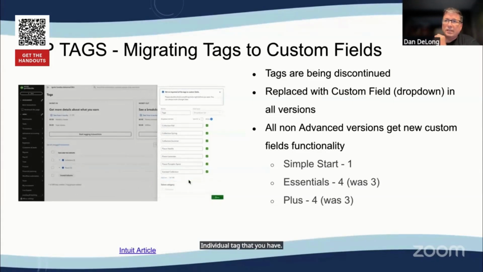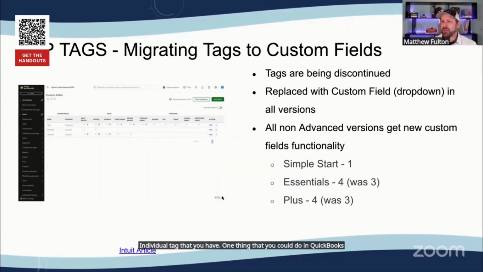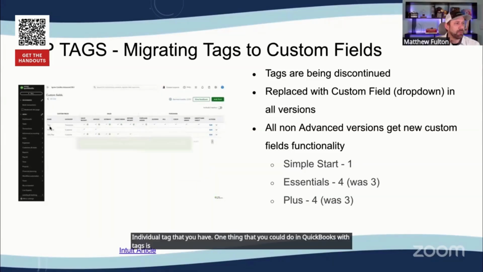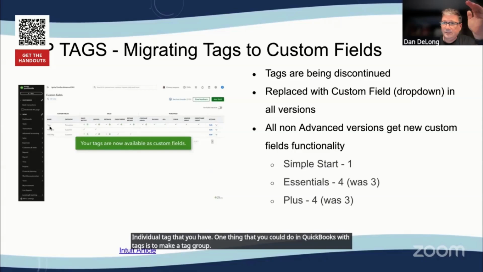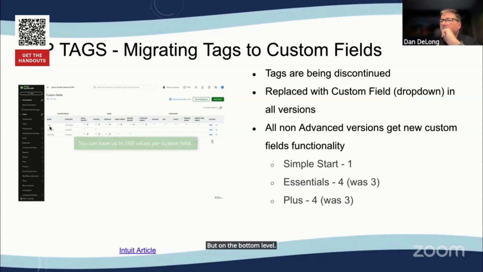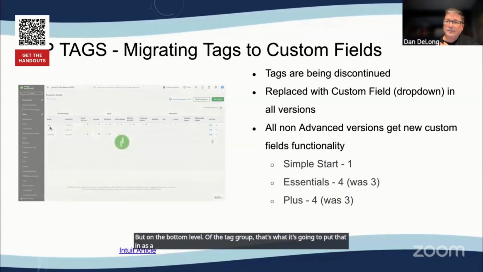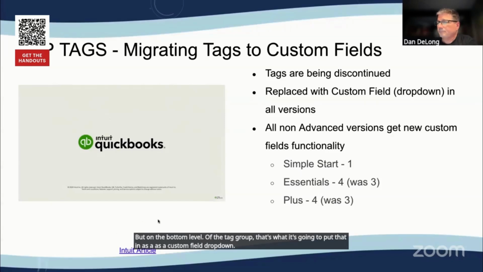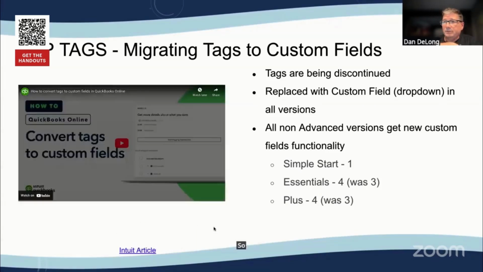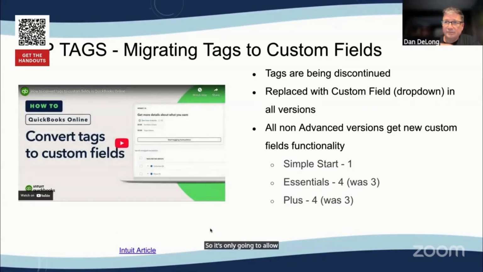One thing that you could do in QuickBooks with tags is to make a tag group, but it's the bottom level of the tag group that it's going to put in as a custom field drop down. So it's only going to allow you to, again, to Matthew's point, associate one tag per transaction.